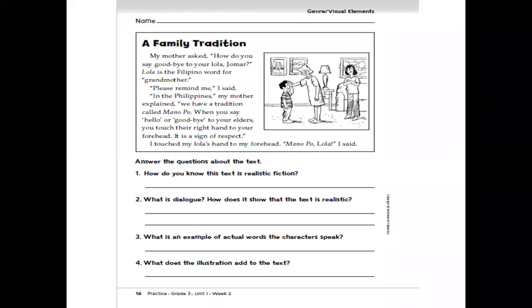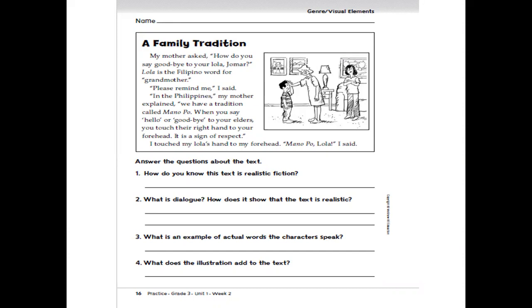A Family Tradition. My mother asked, how do you say goodbye to your Lola Jamor? Lola is the Filipino word for grandmother. Please remind me, I said. In the Philippines, my mother explained, we have a tradition called Manopo.